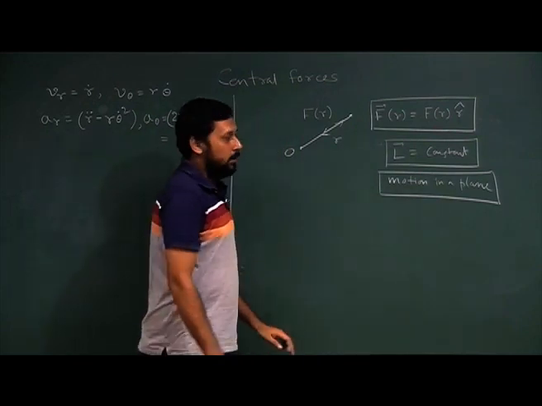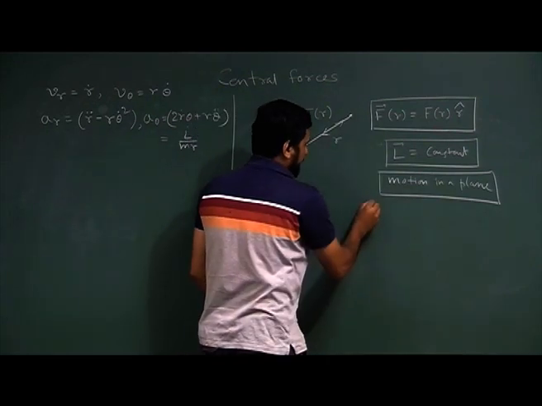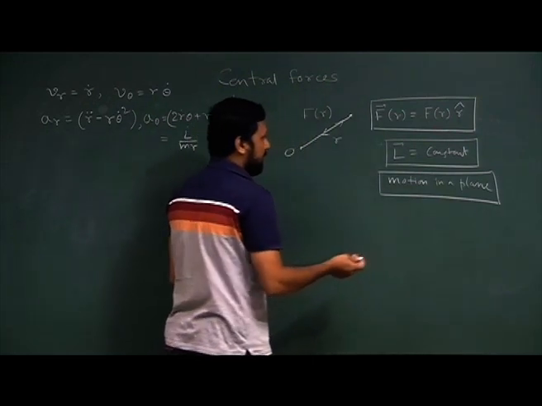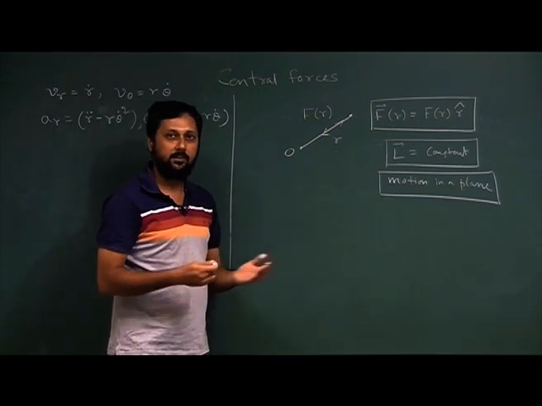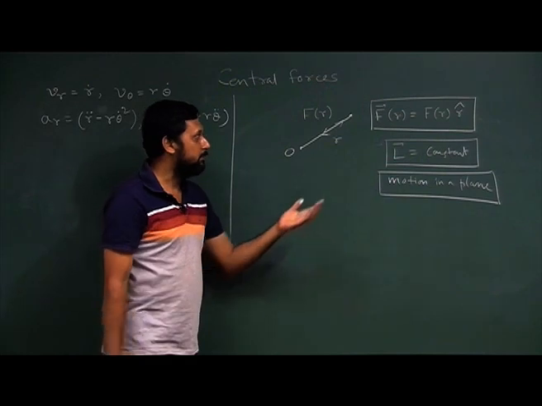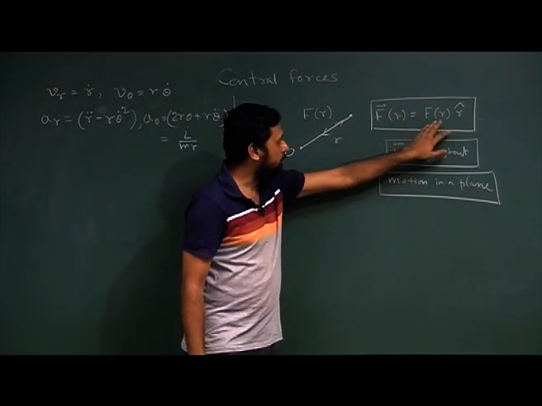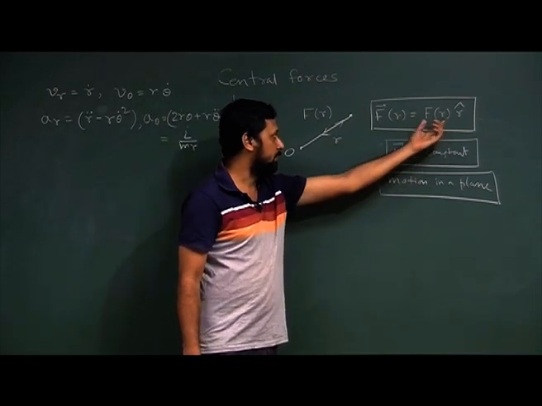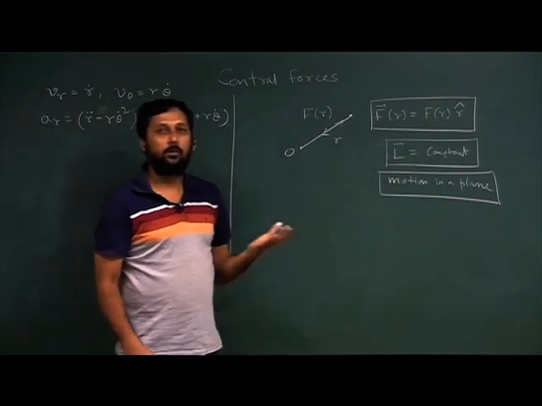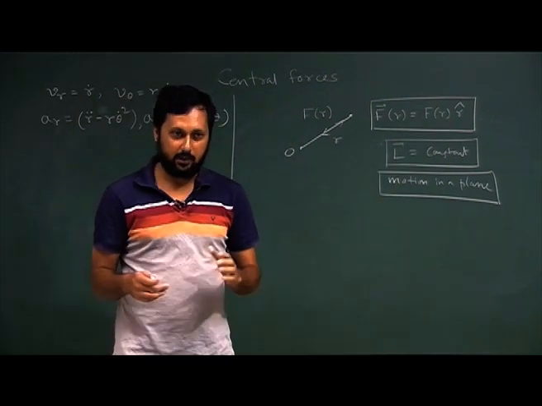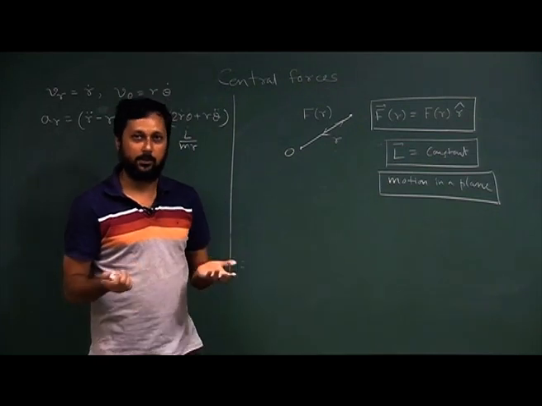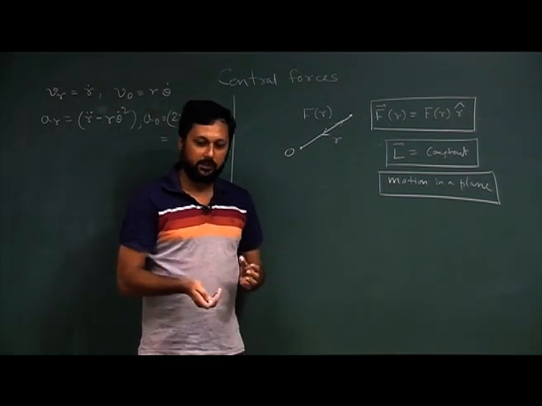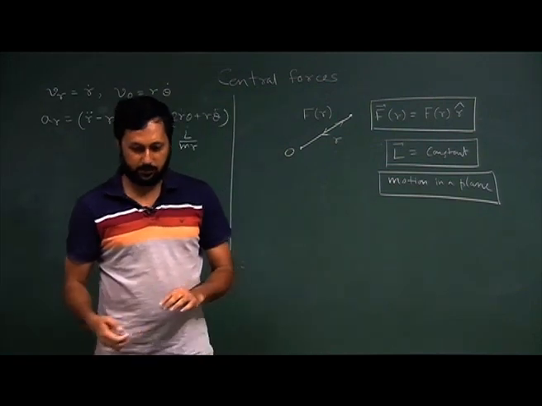So, these are essentially related to each other, and also the third property which I stated, that is energy conservation. We will see that because these central forces F(r) are all conservative forces by nature, and there is a potential function associated with them, it is obvious that the energy will be conserved. So, we essentially proved all the properties of central forces.